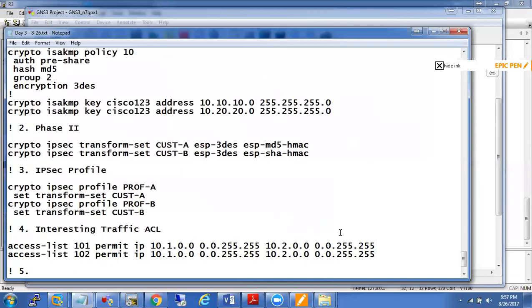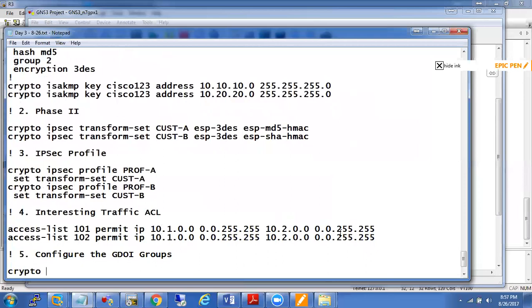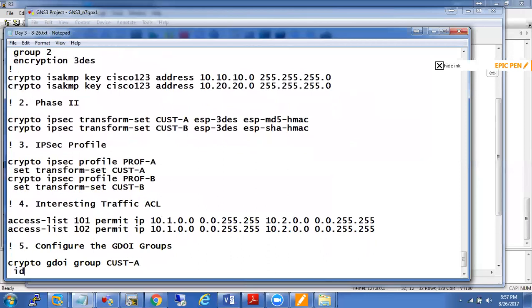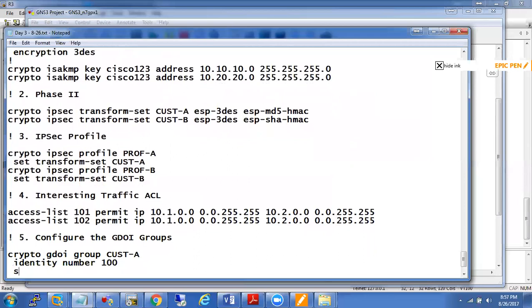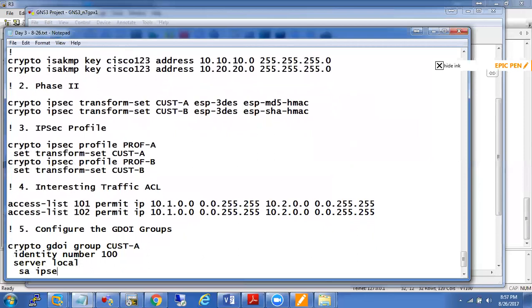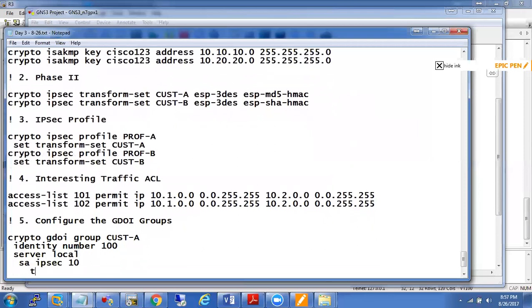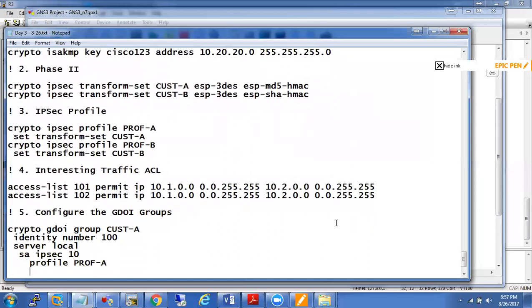And then the last one is to configure the GDOI groups. Now I'm going to have 2 groups over here. Crypto GDOI group, let's call it group A, just a name. Identity number is 100. Server local, SA IPsec 10, profile I want to use is prop A. Match address IPv4 is 101.